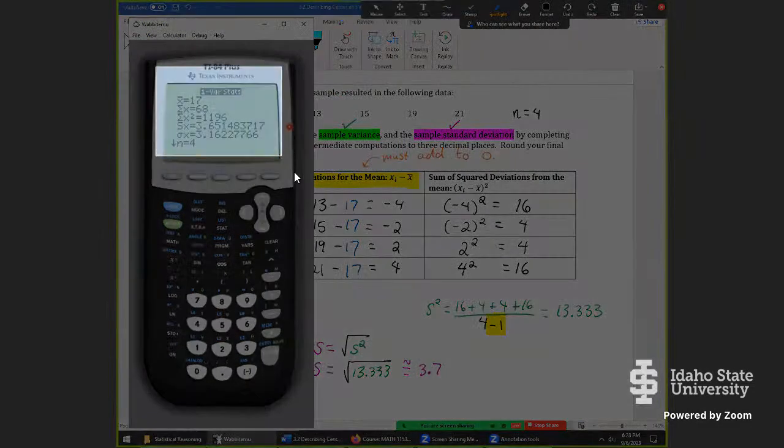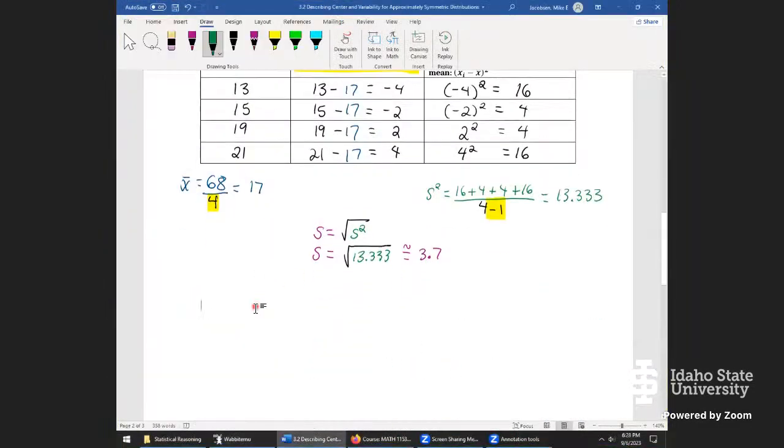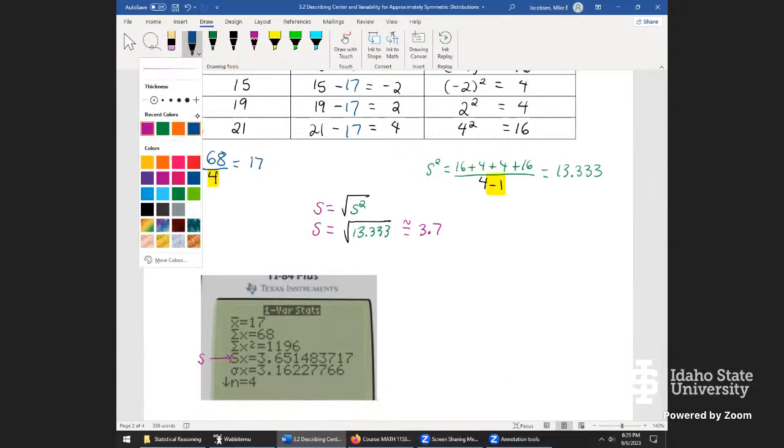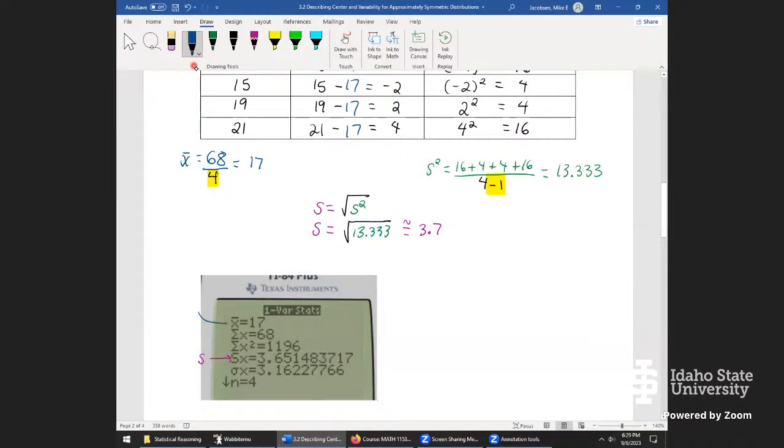And let's just do one more screenshot here. Just as a reminder, this value is S, the sample's standard deviation. And this value here is X bar. Well, I mean, that one's a little bit more obvious. This one's a little bit weird: sigma. And so if you're curious, what is that?